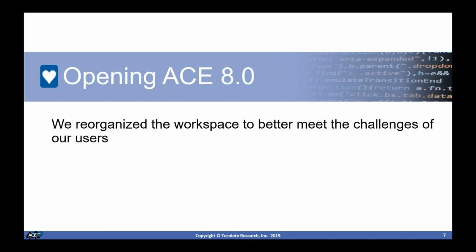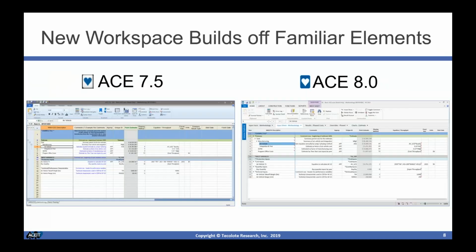So going back to the three different user groups that I had, the new users, the experienced users, and the reviewers, I'm going to show a little bit about our workspace first, and some of the things that we've done to improve that, and then we'll talk about the features specific to those user groups.